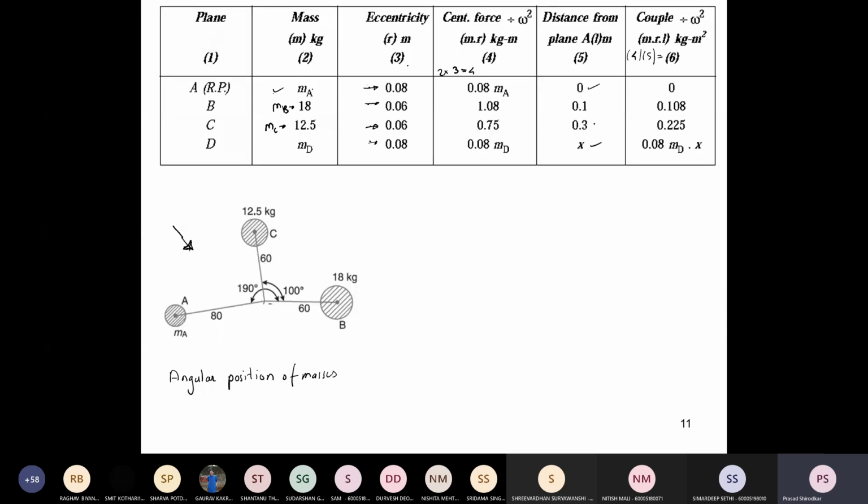Alright, everybody has completed the table. Can you just raise your hand in the chat box if you are still doing the table?